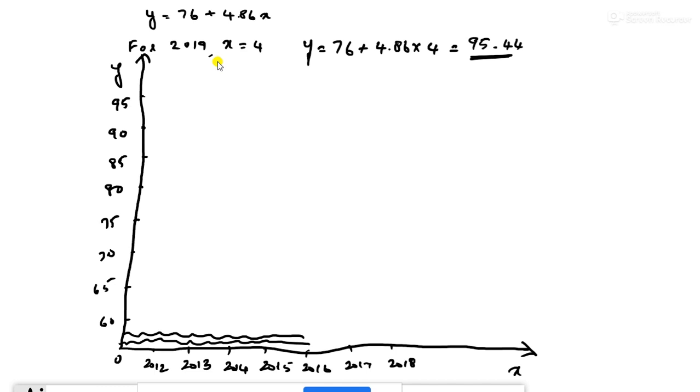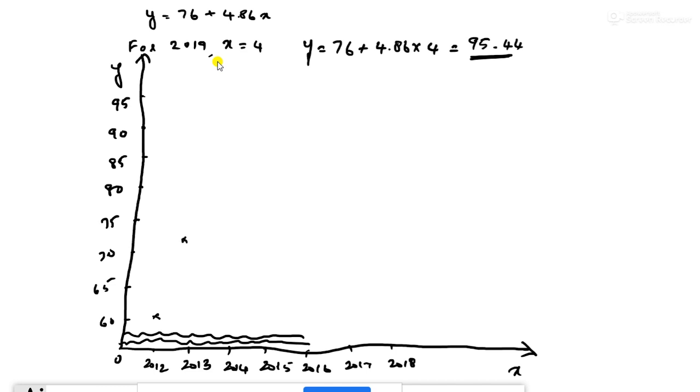Okay, so for 2012 the actual value is 60. Then for 2013 the actual value is 72.